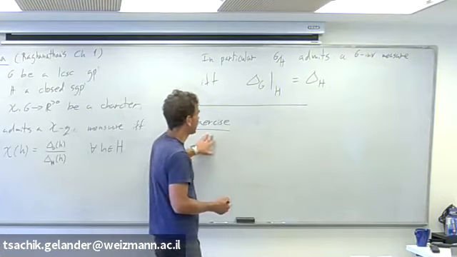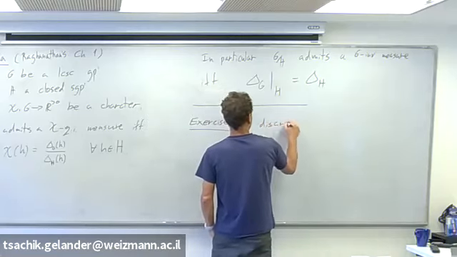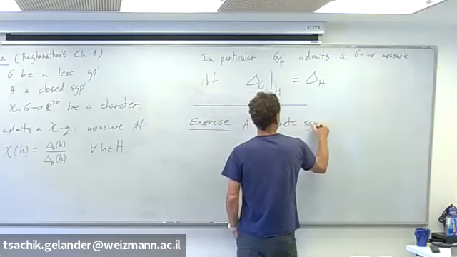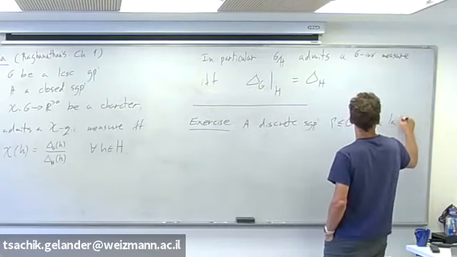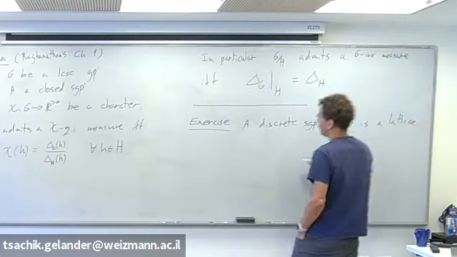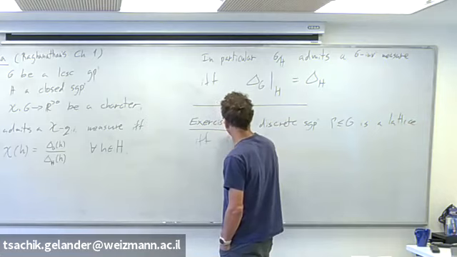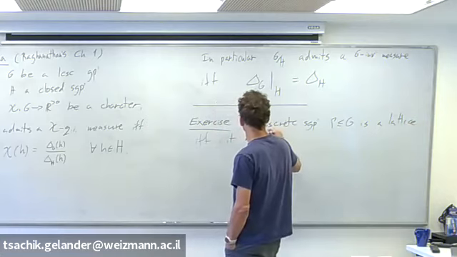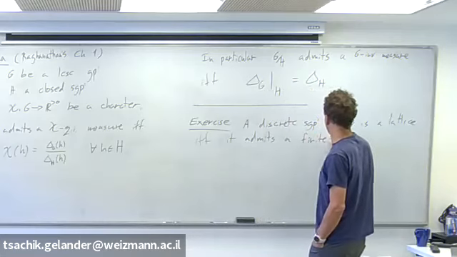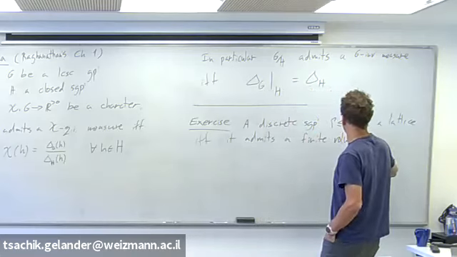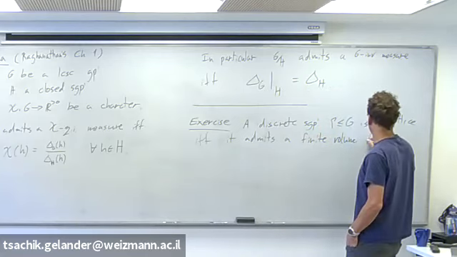So in particular, a discrete subgroup gamma in G is a lattice if and only if it admits a fundamental domain of finite volume, by volume I mean Haar measure.